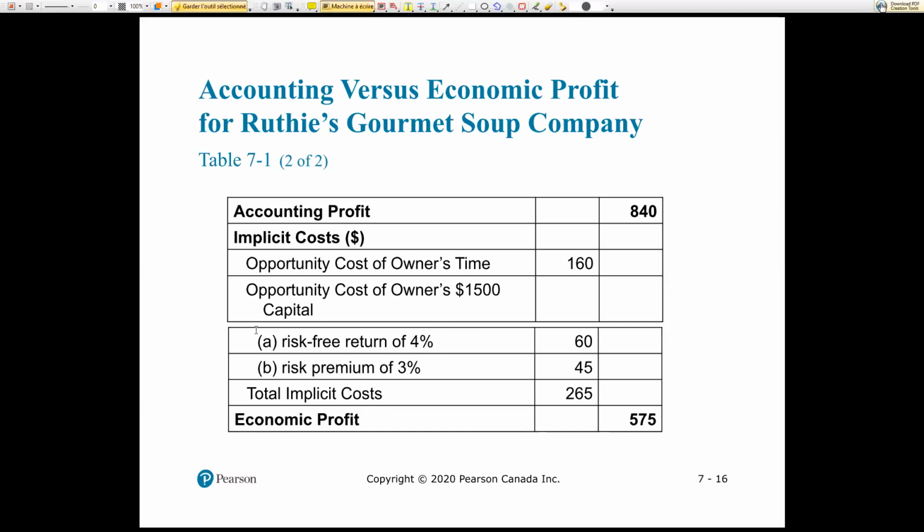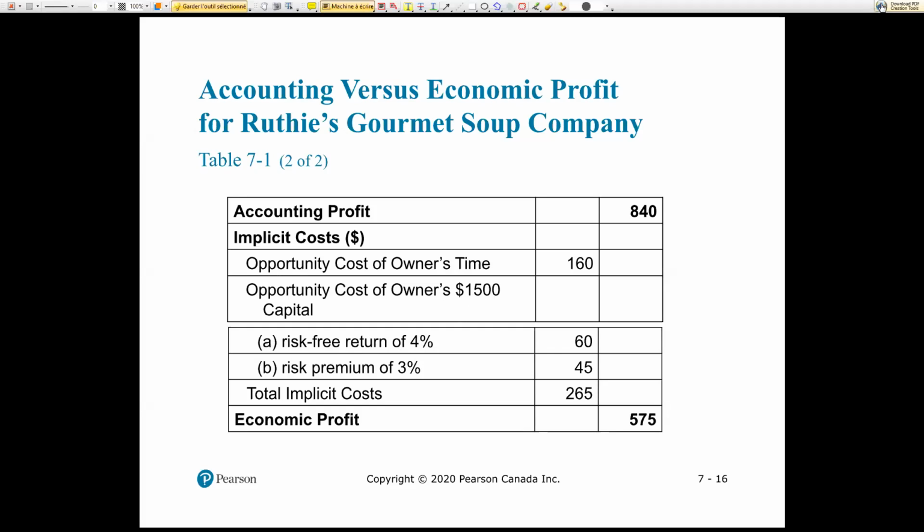So A and B are the price of using. This is the total value. It's not a flow, but the flow cost of using your own capital is A and B, risk-free return and risk premium. Okay, thank you. Does that make sense? Yeah.